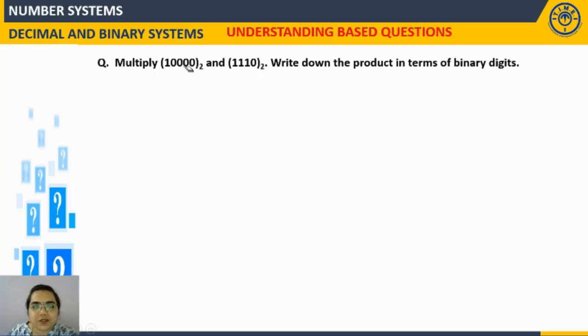Multiply 10000 to the base 2 and 1110 to the base 2. Write down the product in terms of binary digits. Now, if you can recall in the discussion in the basics, I have already told you that there is a particular procedure for us to multiply 2 digits in the binary form. But that particular procedure will be learnt by you when you move ahead to your higher classes.